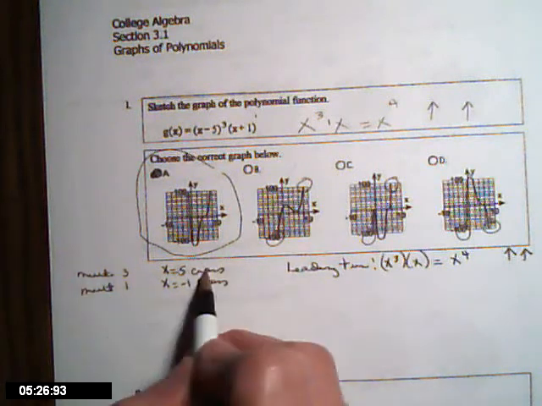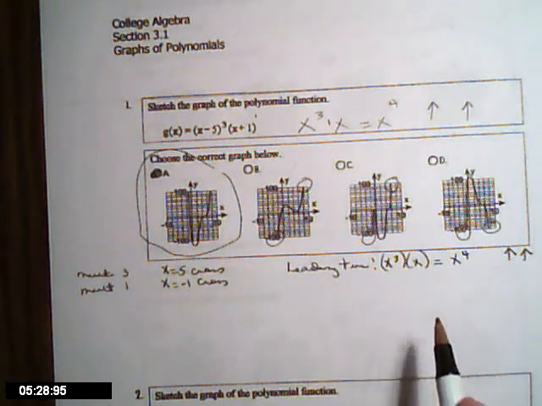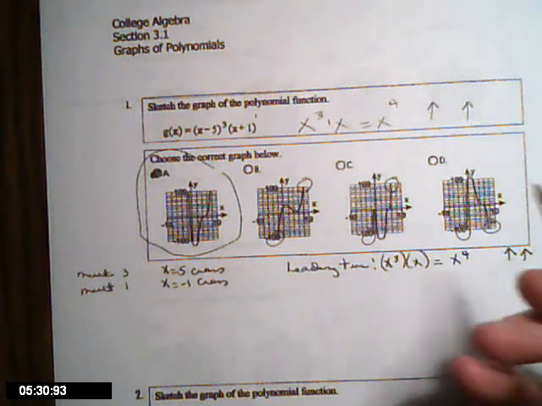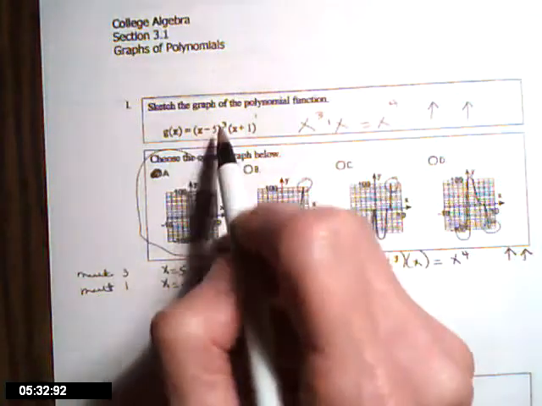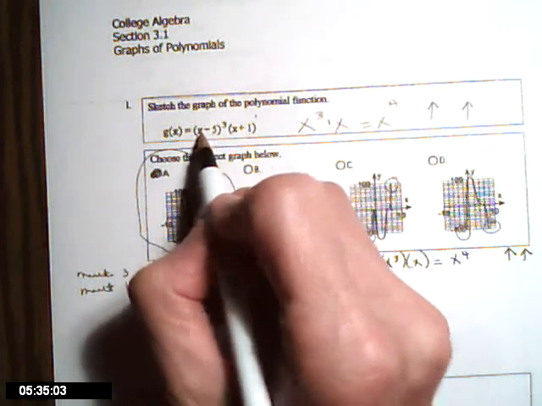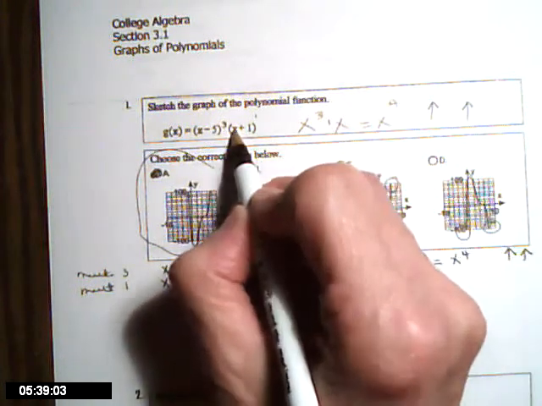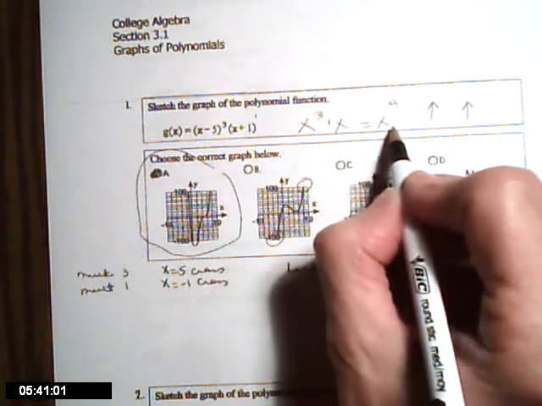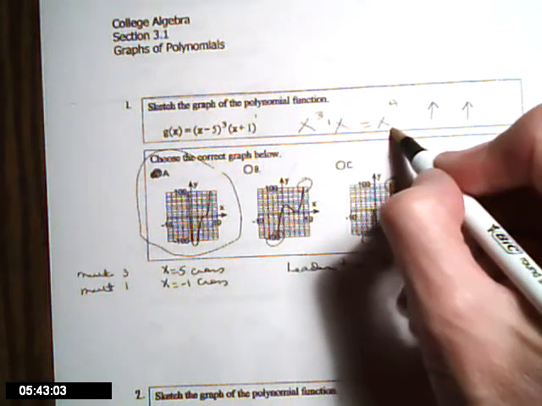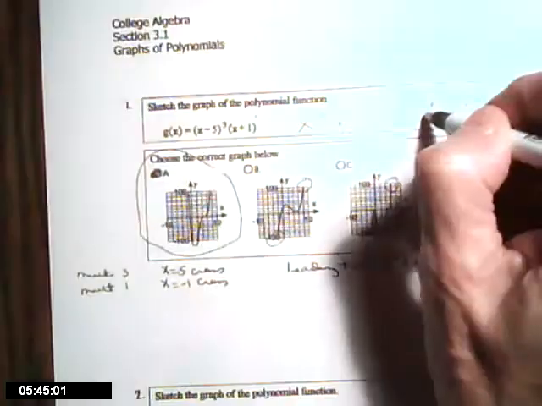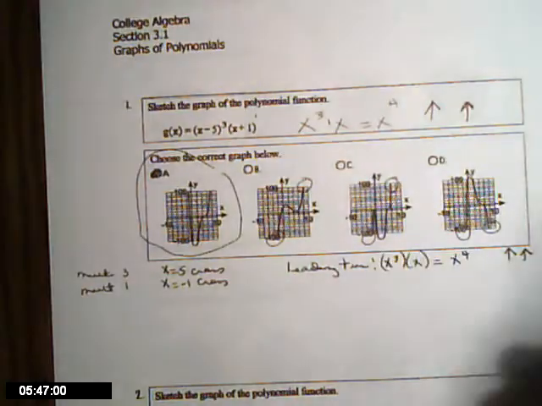At 5 you'll also be crossing the axis. We need the leading term, so what we have to do here is to multiply the first terms in each. We have x cubed multiplied by x, so that's going to give us x to the 4th for a leading term. Now that means that both endings, left and right, will be up.